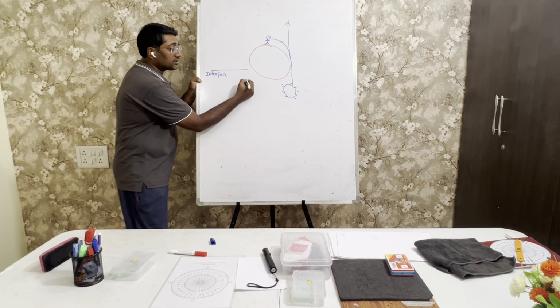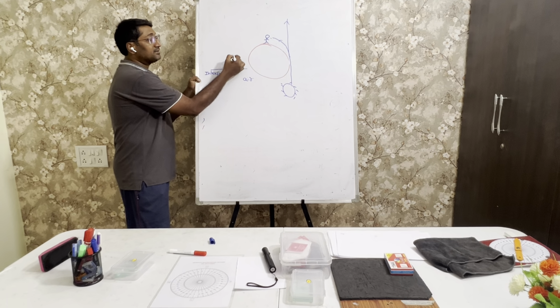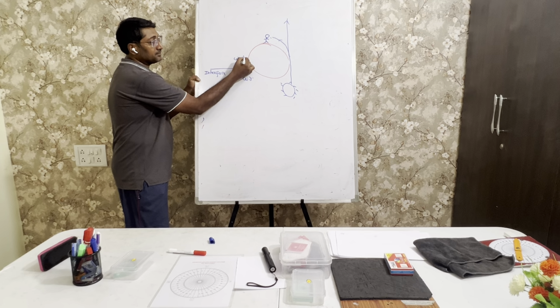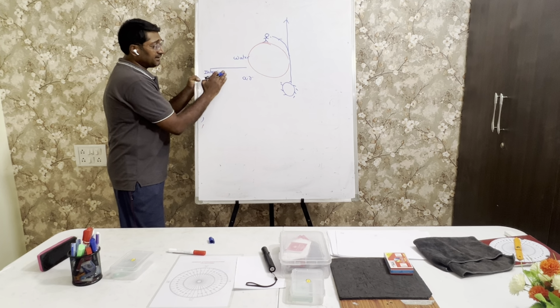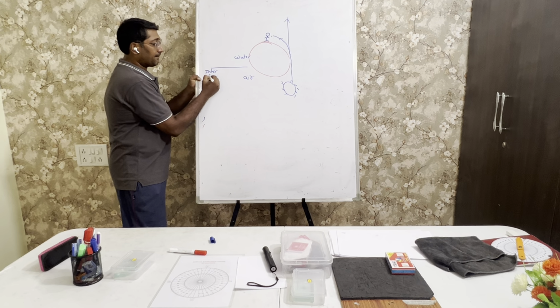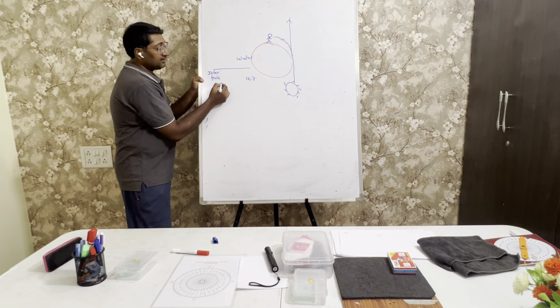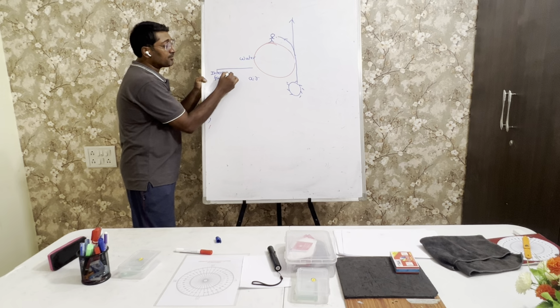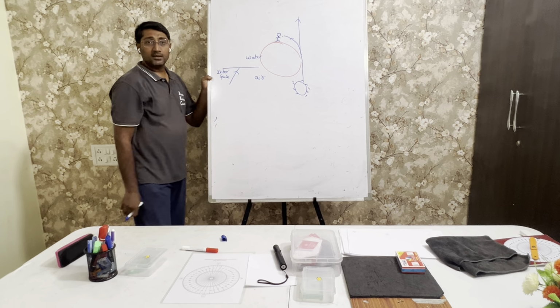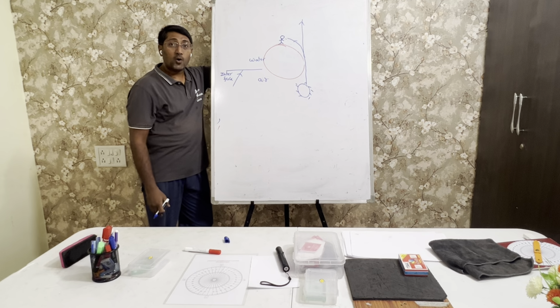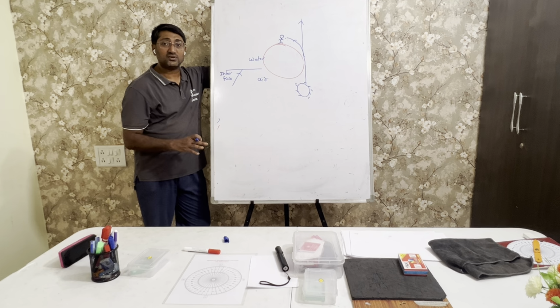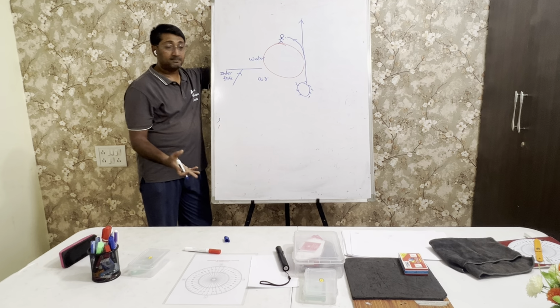Let's say at the bottom you have air and at the top you have water. In this particular case, let's say light is traveling from air into water. Please tell me first, among air and water, which one is optically denser, which one is optically lighter?